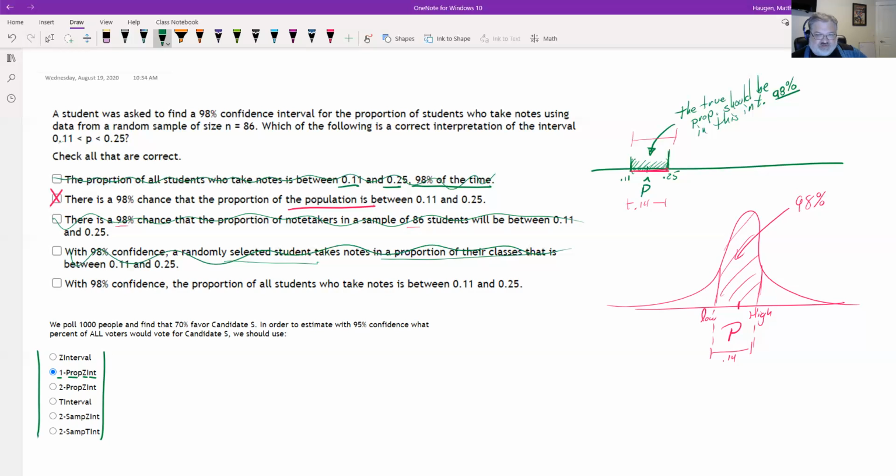Population is students, right? So all students is the population. These are just two different ways of wording that. So those are essentially the same statement.